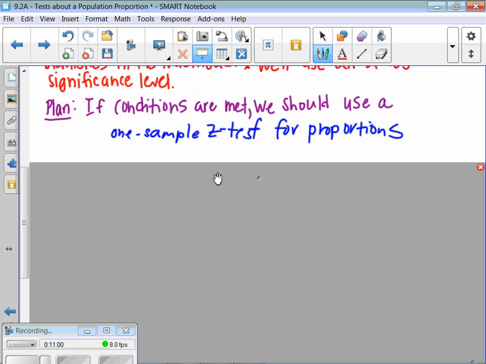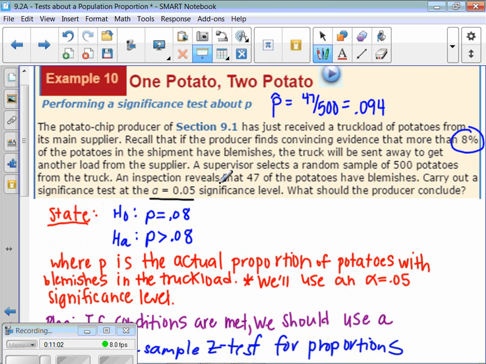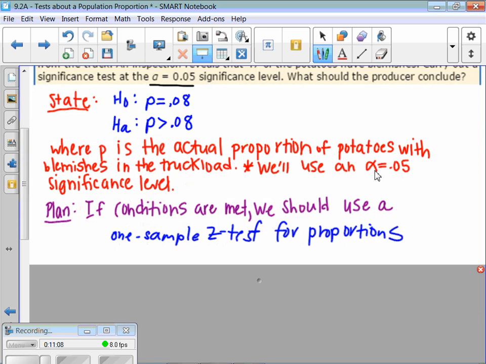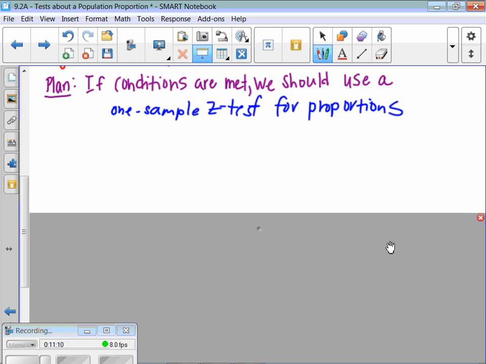Then we need to check, is it random? What does it say? Well, we have a random sample of 500 potatoes. So random sample stated in the problem. Then we need to check our 10% rule, which is n is less than or equal to a tenth of N. Well, we did 500.